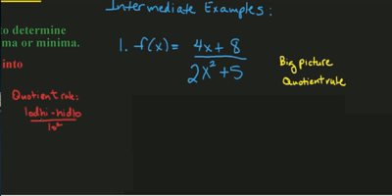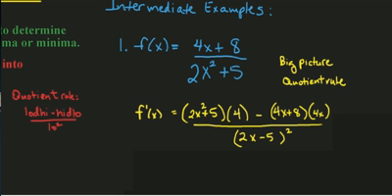I remember it using this little acronym, low d high minus high d low over low squared. You take the derivative of anything after the d. So this is the bottom times the derivative of the top minus the top times the derivative of the bottom over the bottom squared. So doing that, we would get this right here. So there's the bottom times the derivative of the top minus the top times the derivative of the bottom.